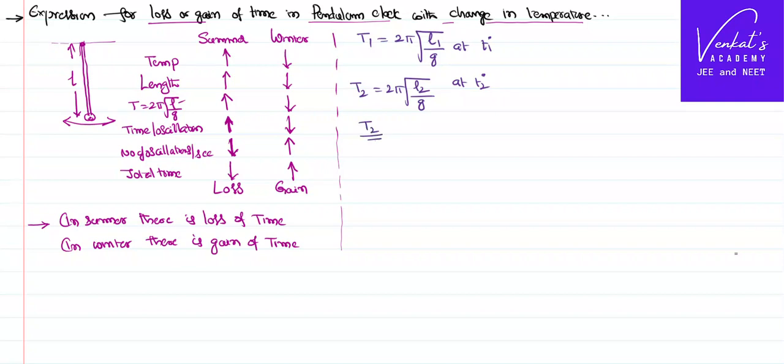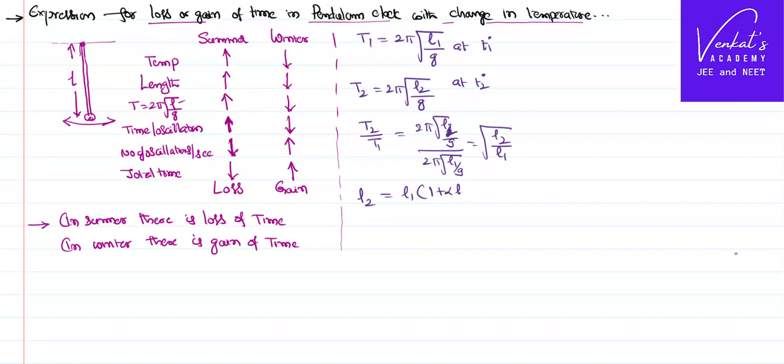If I take T2 by T1, 2 pi cancels, g and g cancel. That is 2 pi root of L2 by g divided by 2 pi root of L1 by g, which is the square root of L2 by L1. But L2 is the final length after the rise of temperature.